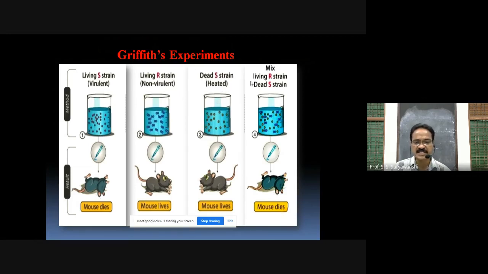While in the fourth experiment, now there is a mixing of these two, that means R mixed with the S. When these two are mixed and injected into the mice, he found the same result as with the S strain.